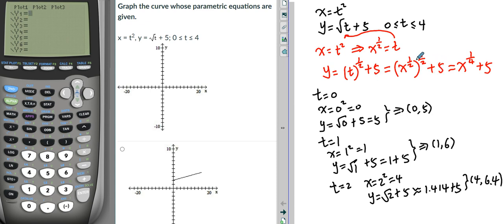Multiplying 1/2 times 1/2 on the exponent, you have x to the 1/4 and then plus 5. So you get the rectangular equation y equals an expression containing only the variable x: x to the 1/4 plus 5.